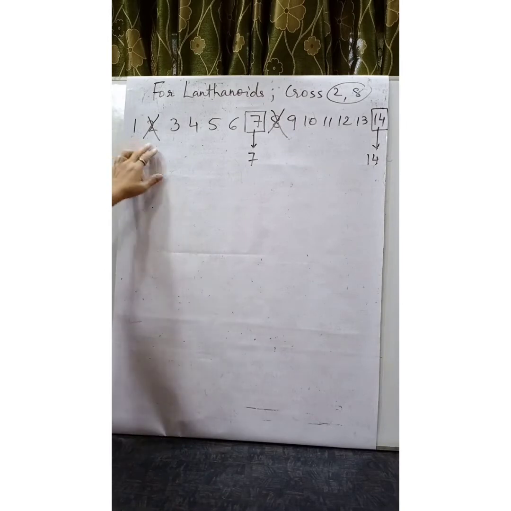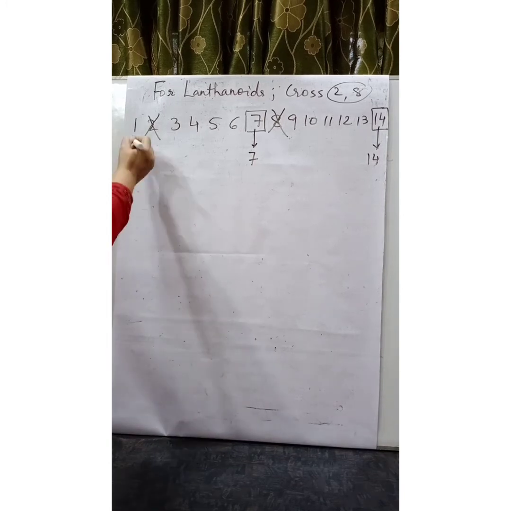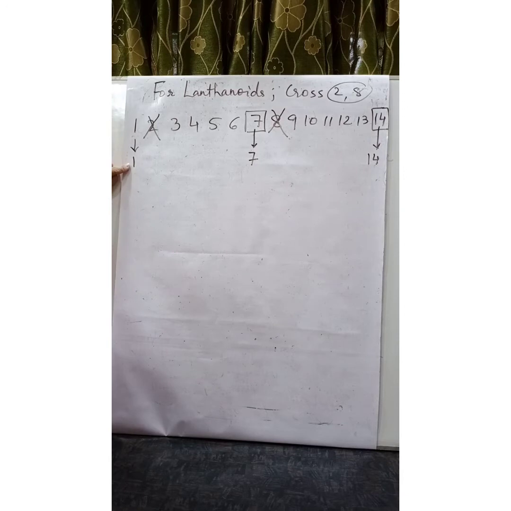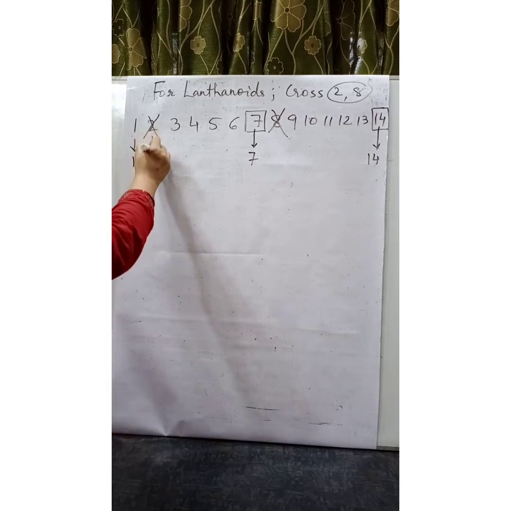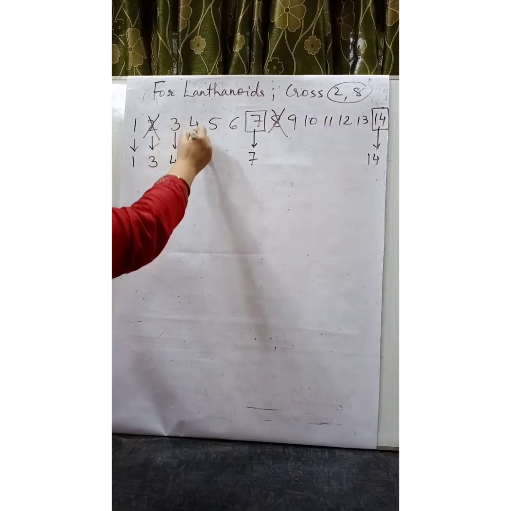Only thing you have to keep in mind is that when you come across a cross number, you have to jump one number. So I am starting from 1. After 1 the next number is 2, but 2 is a cross number, so I will jump one number and write down 3. After 3 comes 4.